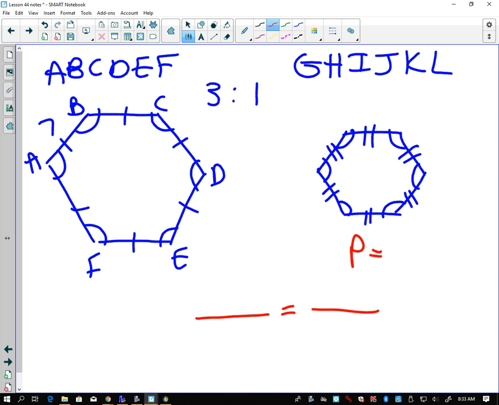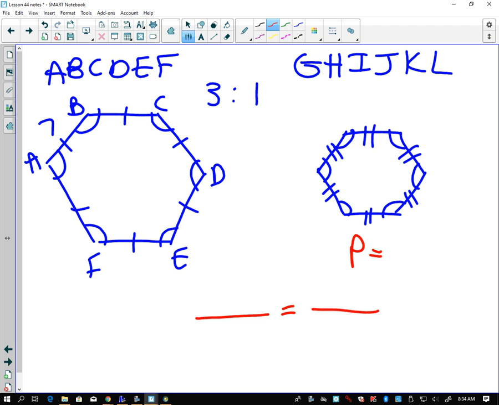So 3 to 1. We've got a side length of 7 over here. How do we want to set up a proportion? 7 over 3. So you wanted to do side length to side length, ratio to ratio.